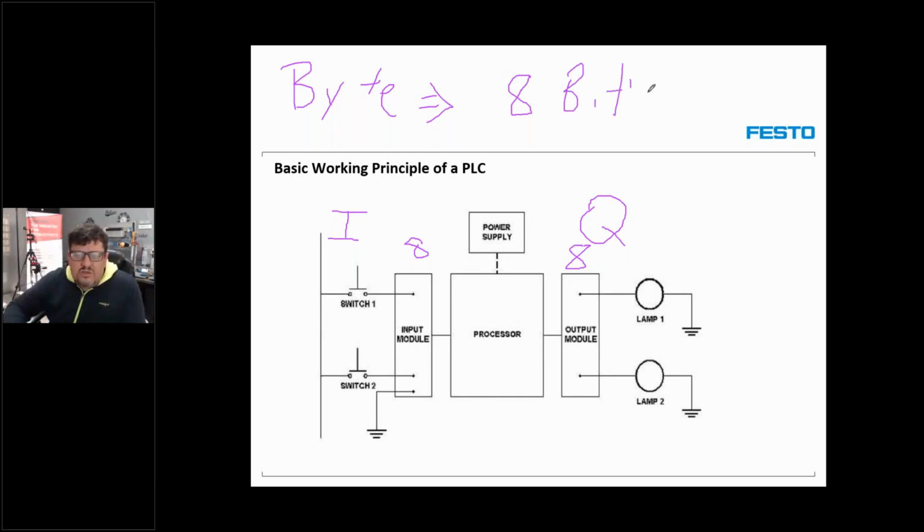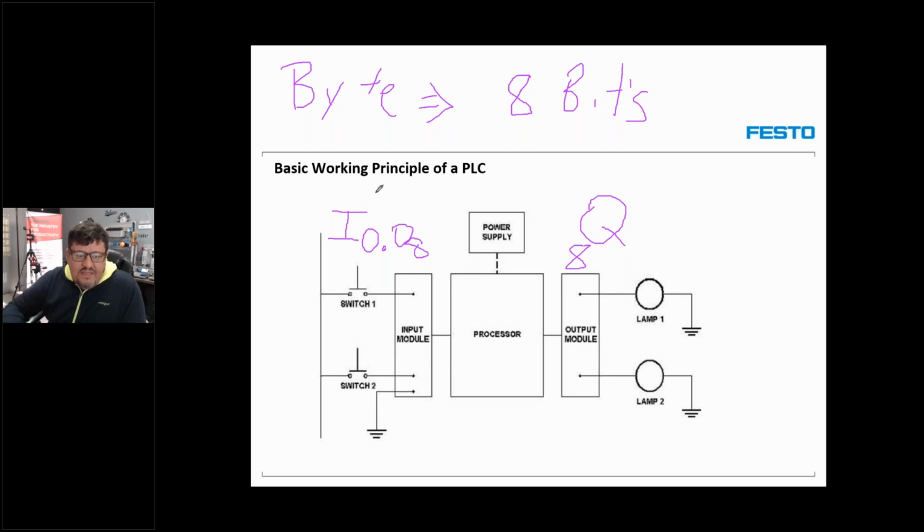That means if there are 8 inputs wired onto the input module, then we have 8 different addresses, but those 8 addresses share 1 byte. Let me assume it's byte 0, point, then we have bit 0.